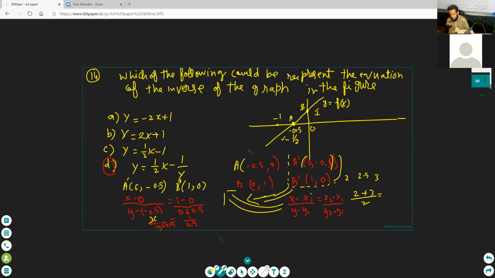So it will be 1 over 2x equals y plus 0.5. We're going to take it to the other side. It'll be 2x minus y equals 0.5.